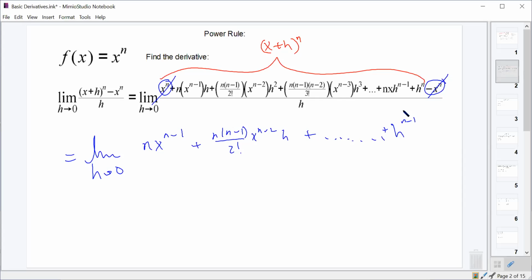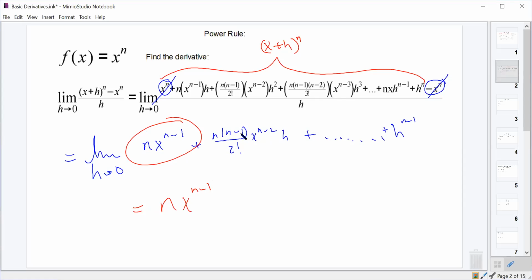Right. Okay, cool. So as h goes to 0, what is n x to the n minus 1? Are there any h's in that? It doesn't change. Right, it doesn't change. It's just n x to the n minus 1. What about this one?